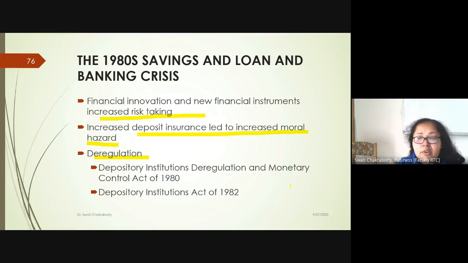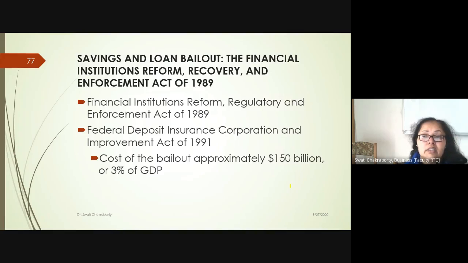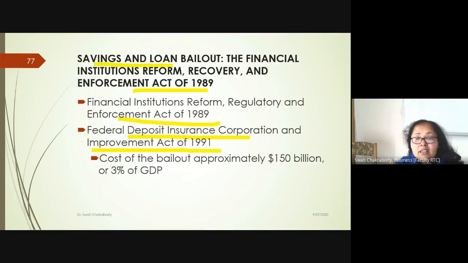Deregulation happened, where we had the Depository Institutions Deregulation and Monetary Control Act and the Depository Institutions Act of 1982, right? We also had the savings and loan bailout, right? The Financial Institutions Reform, Recovery and Enforcement Act of 1989, and the Federal Deposit Insurance Corporation Improvement Act of 1991, where the cost of the bailout was approximately 150 billion dollars or 3% of GDP.